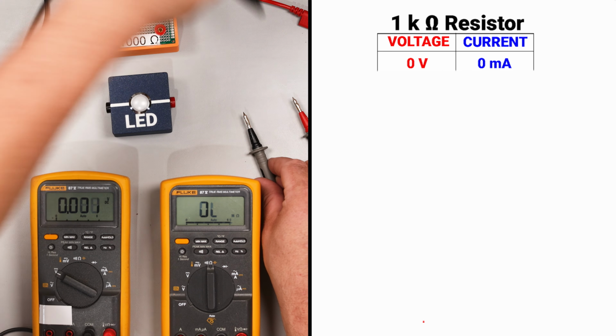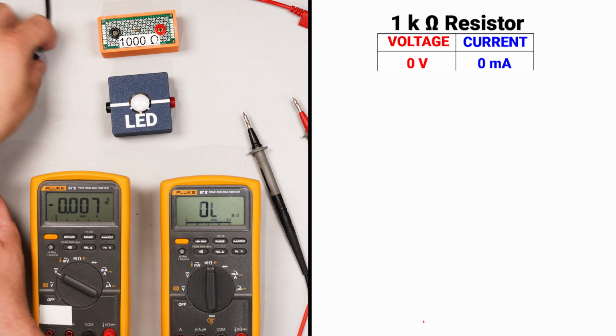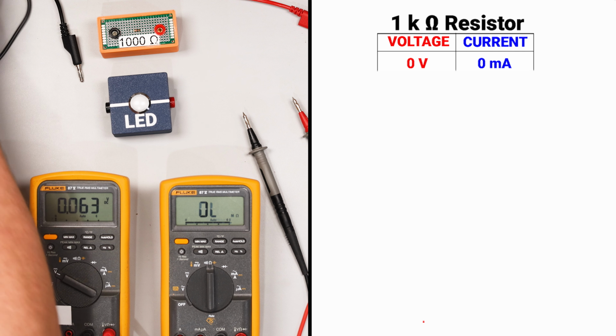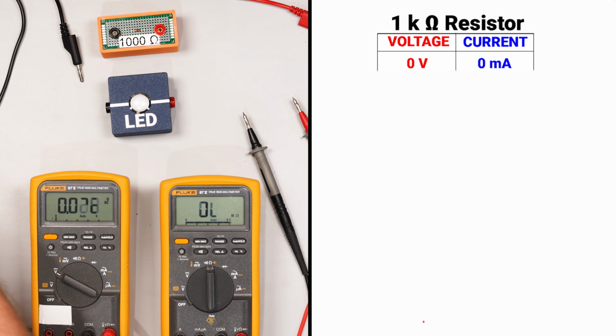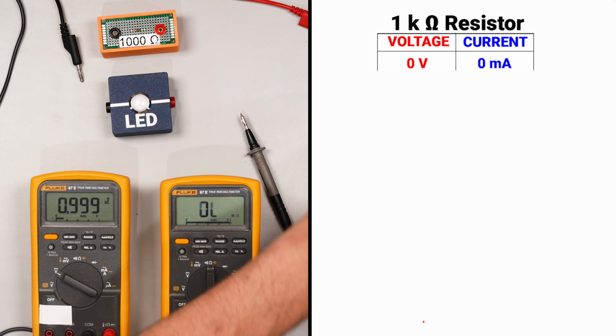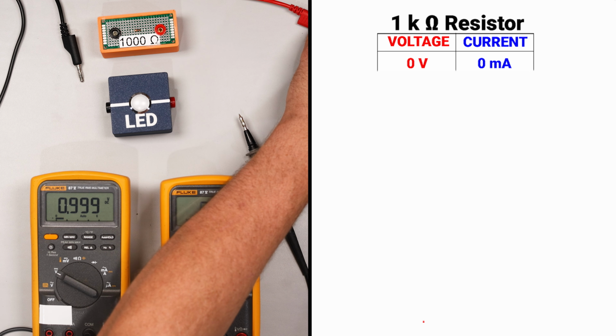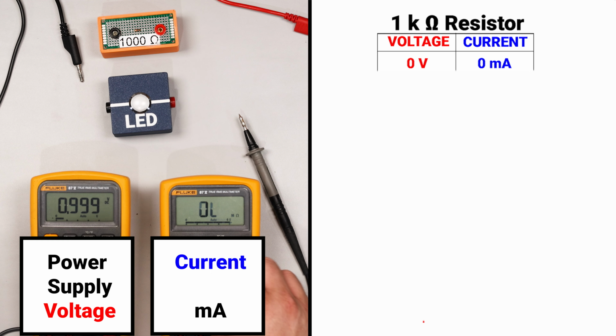I'm going to connect the left meter to a power supply. It's just an external power source that we're going to provide to the resistor and the LED separately. So the left meter is reading 1 volt from the power supply. And then I'm going to set up this right meter to read the current of the circuit.